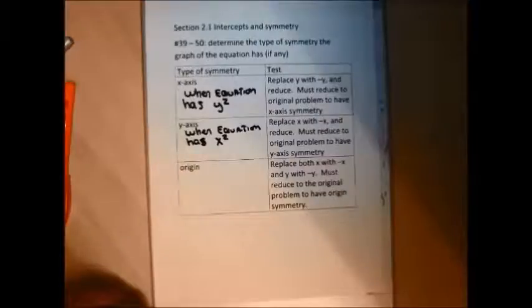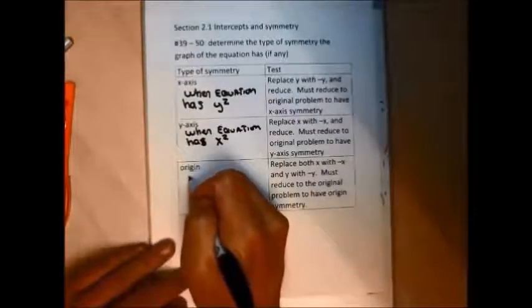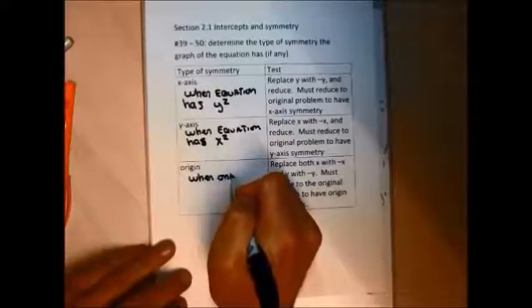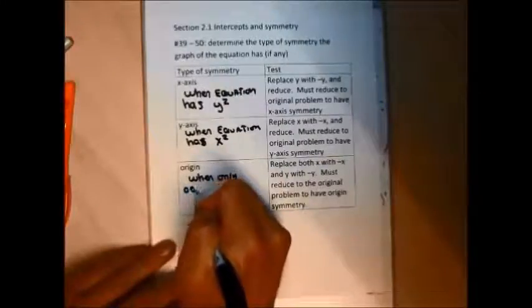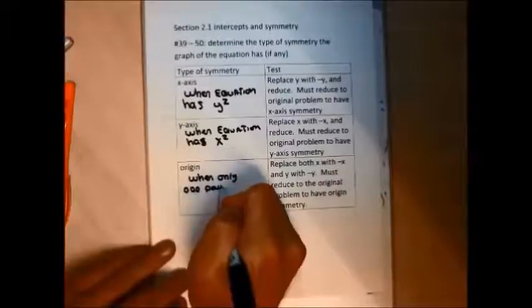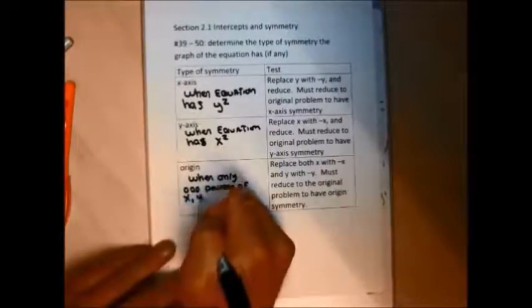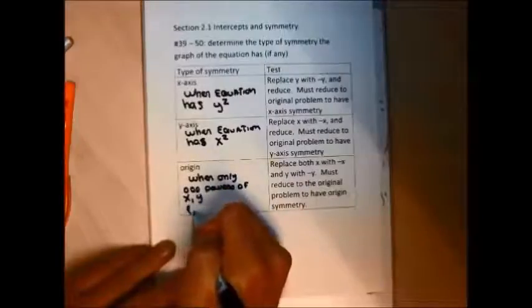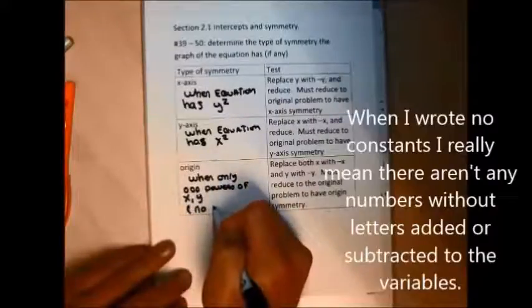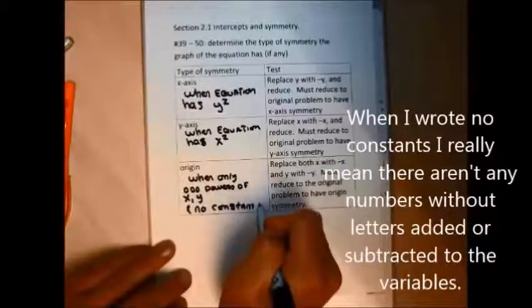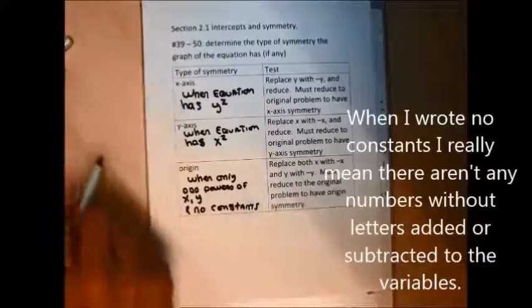Origin's a little bit trickier. Origin, it usually has origin symmetry when there's only odd powers of x and y and no constants. There are more cases than this, and this might be a little bit premature.